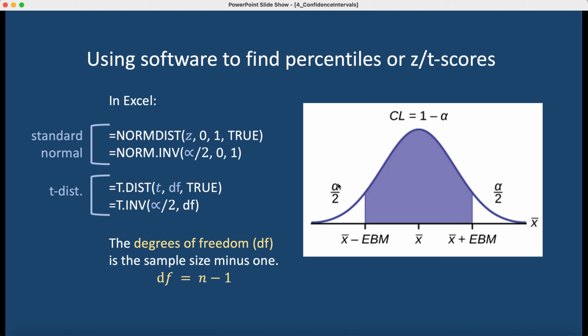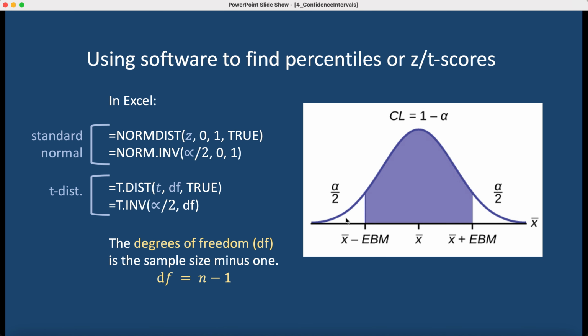The left tail probability will be half of that, because half will be on this side and half on the other side. I think I misspoke there. When we want the confidence level to be 95% and alpha to be 5%, alpha over 2, which gives us the left tail probability, is 2.5%.